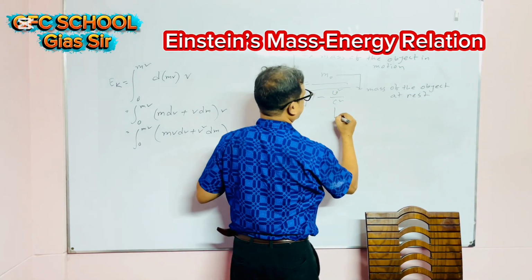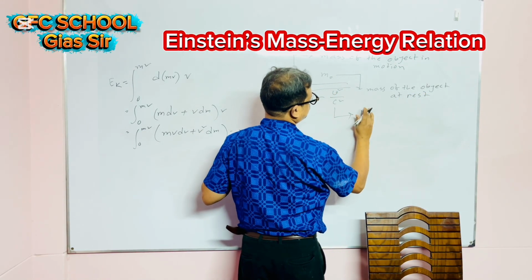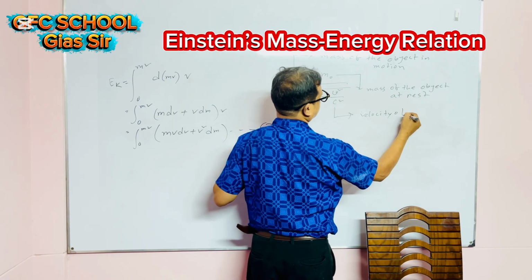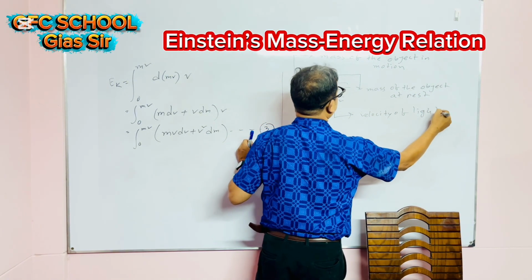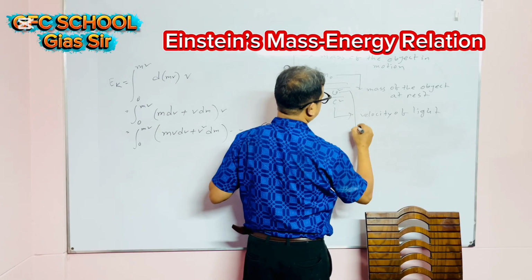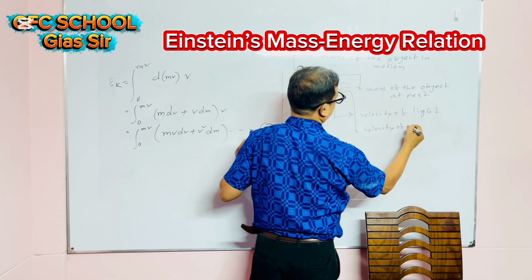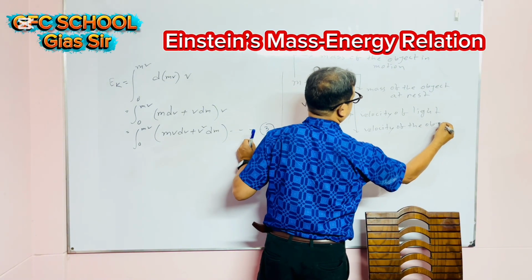Here c is the velocity of light, and v is the velocity of the object.